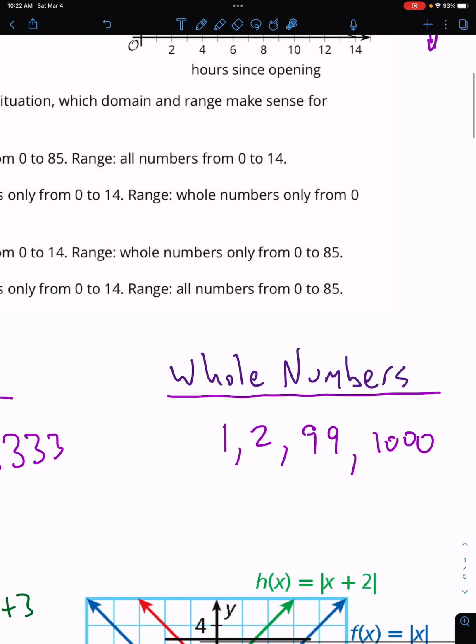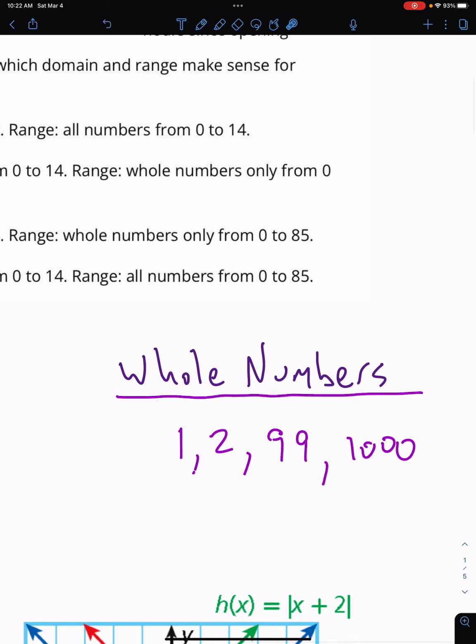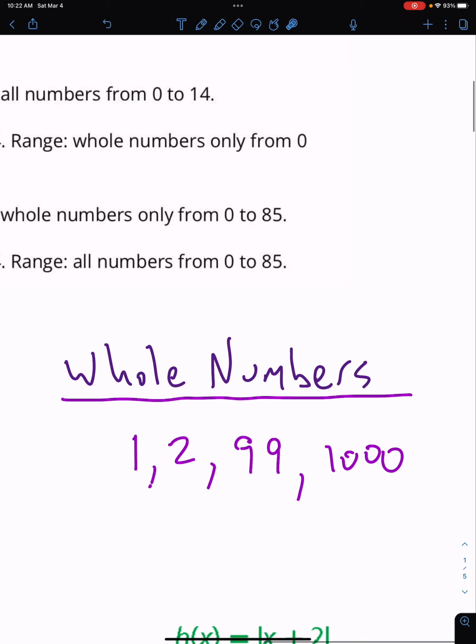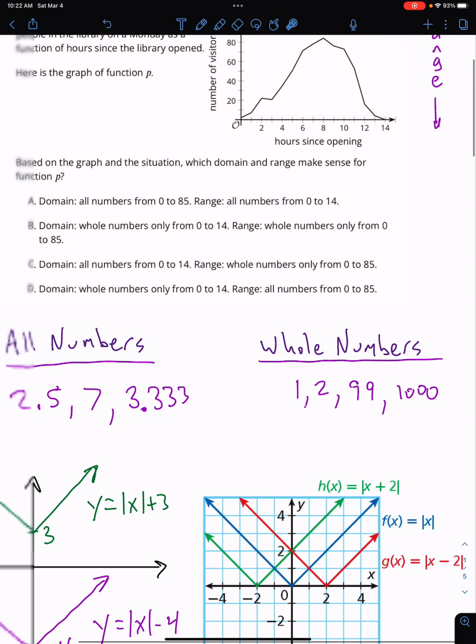But whole numbers are the numbers we've been working with since kindergarten. A whole number is like 1, 2, 99, or 1,000. It's any number that doesn't have any fractions or decimal places.